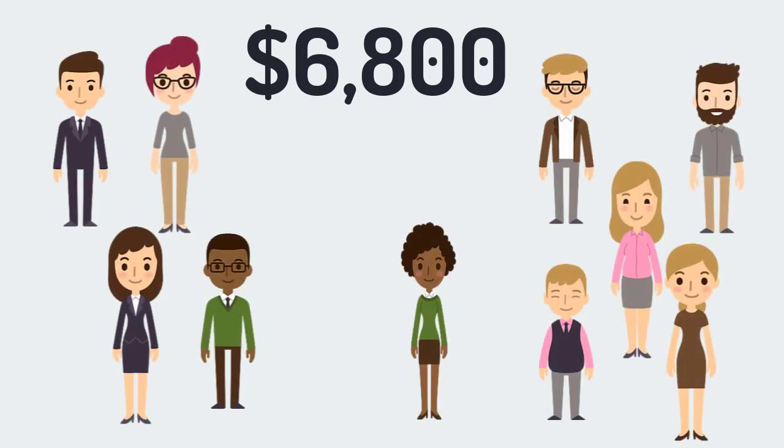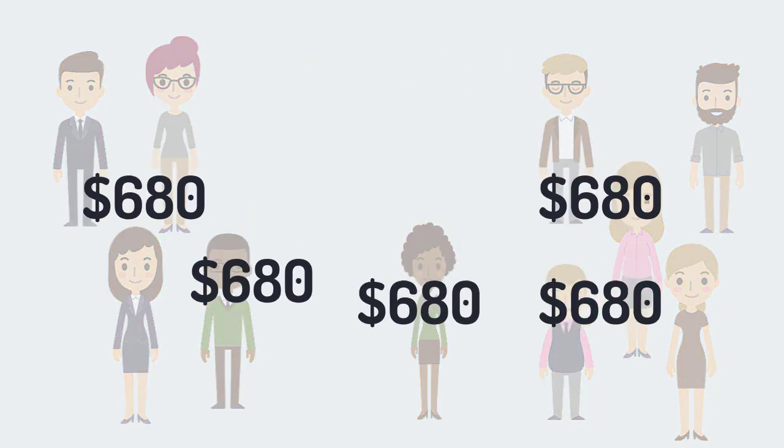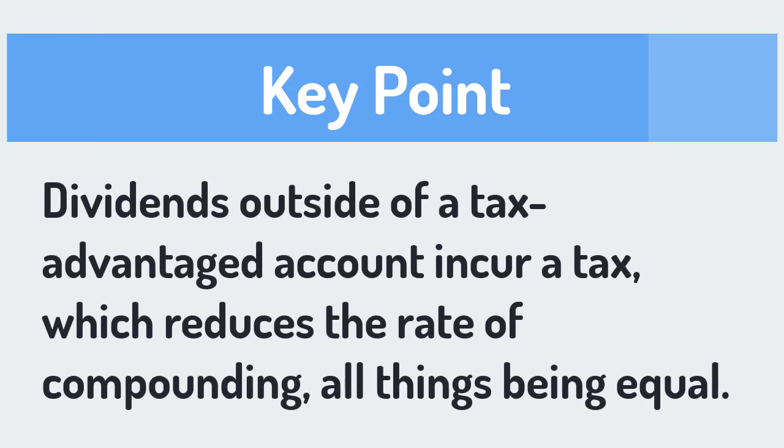So each of the individuals that own their 10% of this account are going to have a proportional cash flow of $680 after tax.